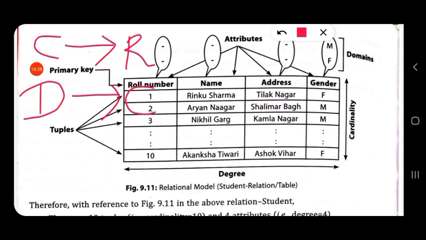You should not think of this as C to C. Cardinality is not related to column; cardinality is related to row. It is a shortcut to remember: there is a C in cardinality and a C in column, but C is not related to C. You can think that cardinality is related to row and degree is related to column.